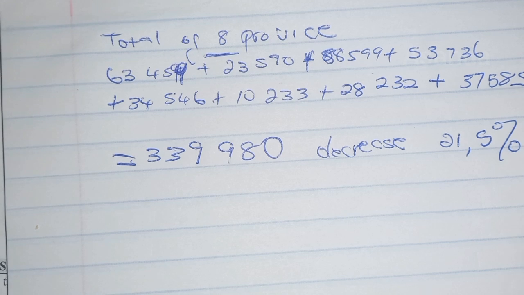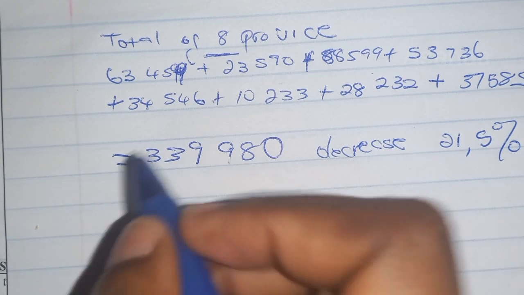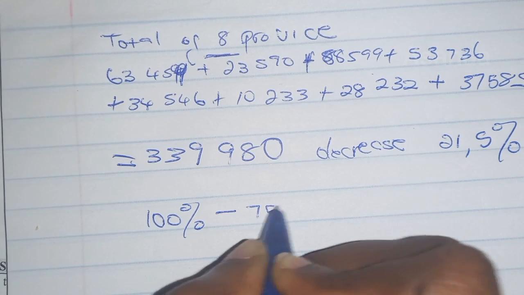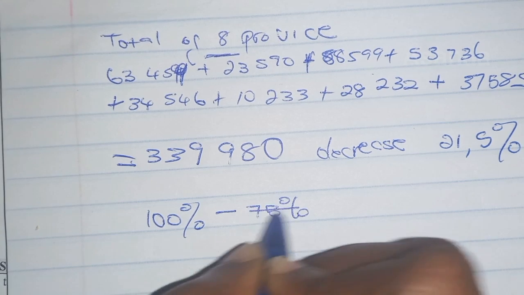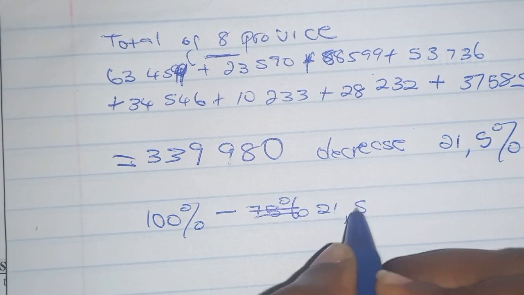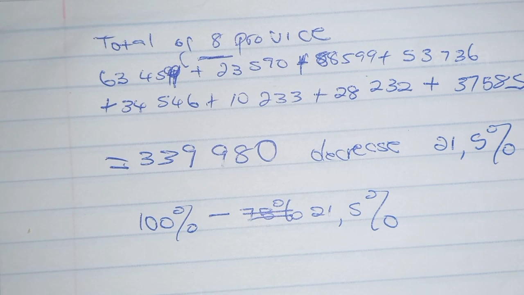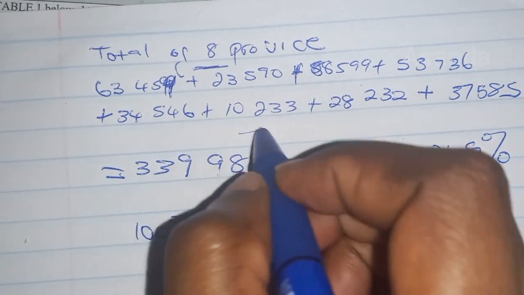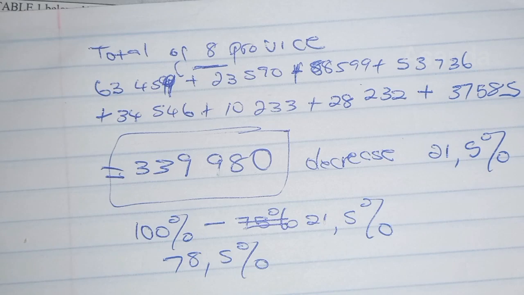What we said when we were decreasing it was 100% minus 21.5%, and then we get 78.5%. So this one is 78.5% of the total, right?